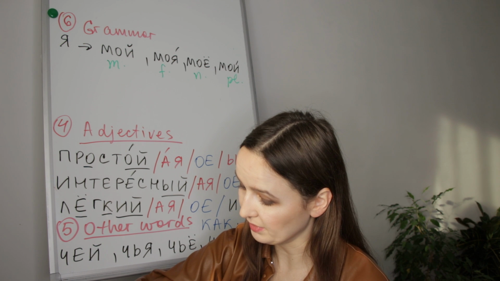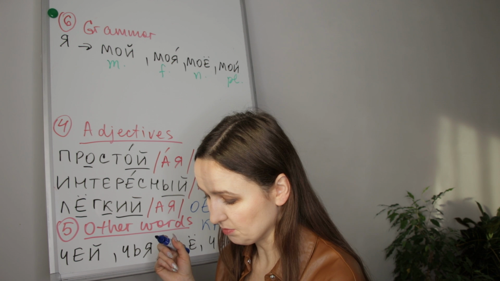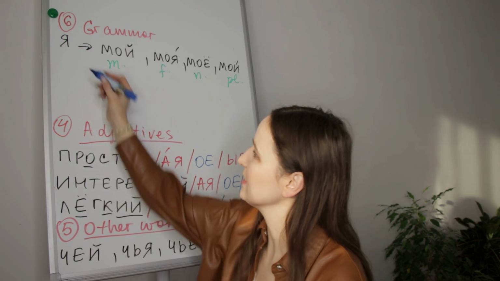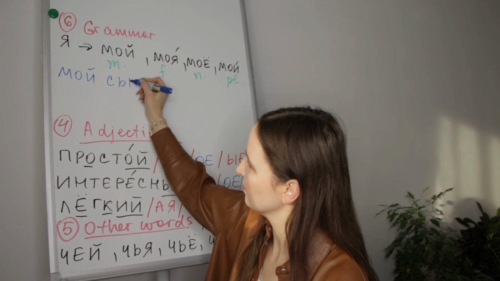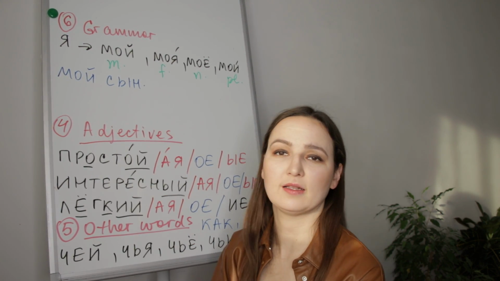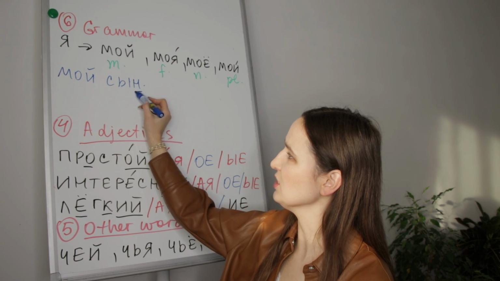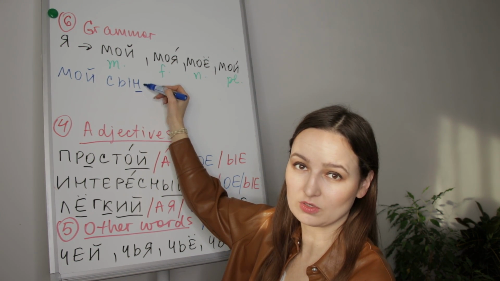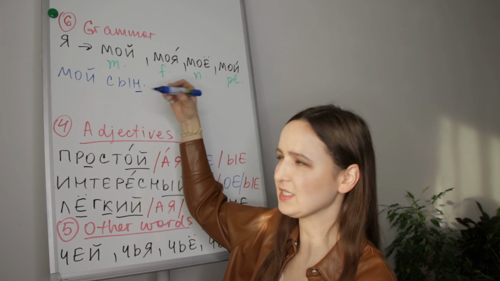Например, for example. Так, какие у нас здесь примеры? Ага. Мой сын. My son. I used мой because son is masculine. It ends in a consonant. If you didn't know that, watch our previous lesson.